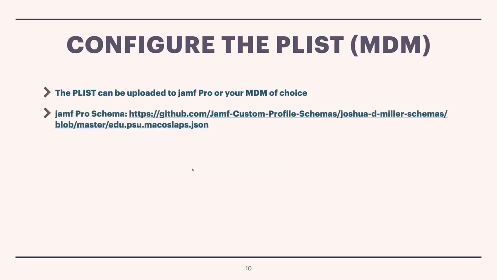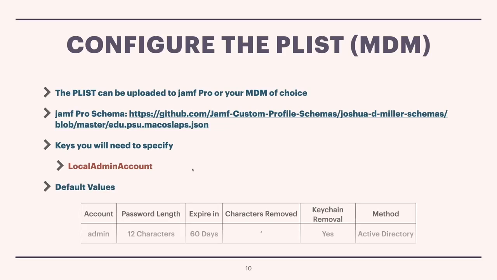If you are using Jamf Pro, this web address here is a custom schema that allows you to upload said schema to Jamf, and it will give you drop-down menus and a nice GUI interface to configure macOSLAPS. As we said before, one of the keys you're definitely going to want to specify is that local admin account, because I have it on good authority that for most people, their admin account is not called admin in lowercase.